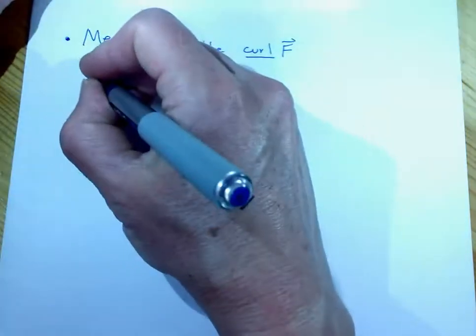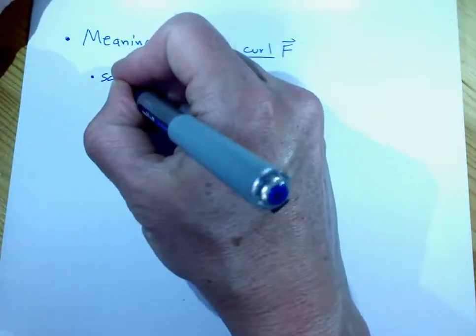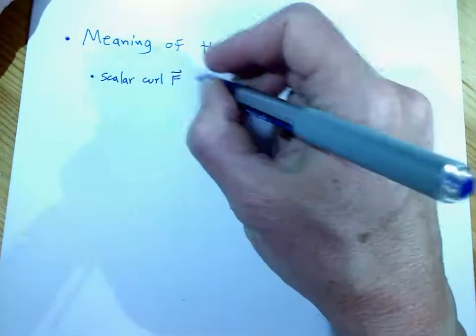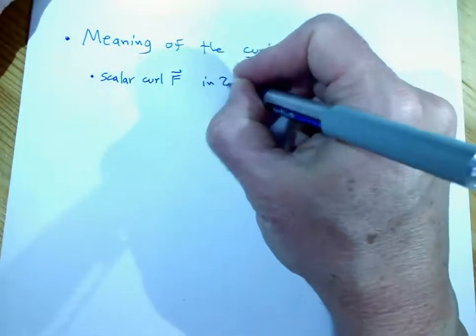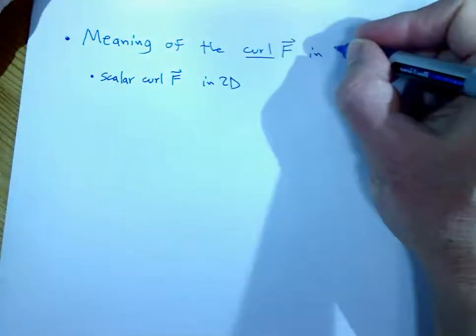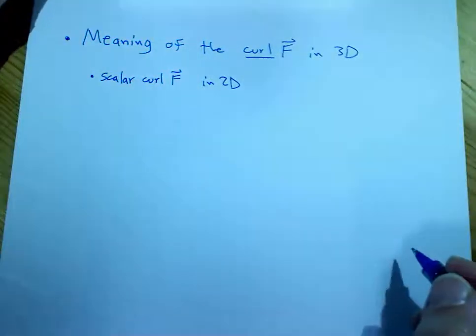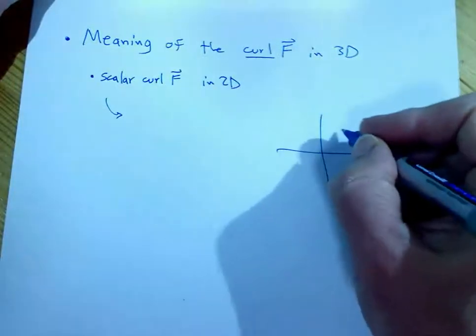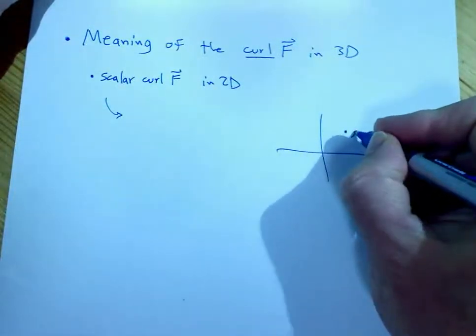So this is a generalization of what can be called the scalar curl of f in 2D. The curl is the analog in 3D. So for the scalar curl, we've got a vector field.